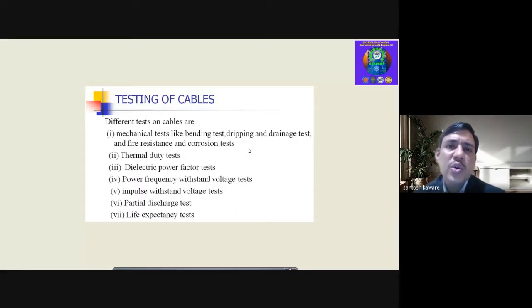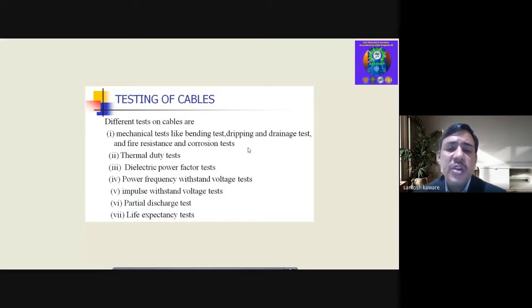If that gets corroded, it will damage the insulation of the cable, and the cable will be weak at that point, and it may puncture from that point also. So for that, all mechanical strength of the cable you have to check. Thermal duty: how much temperature the cable is producing whenever you are loading to 100% or some overload is there, that you have to test.